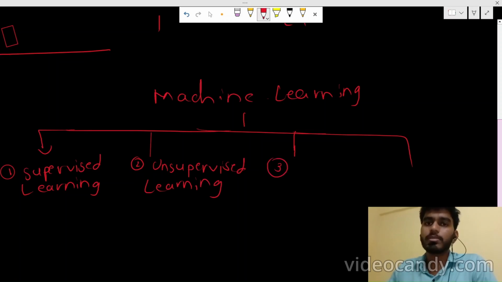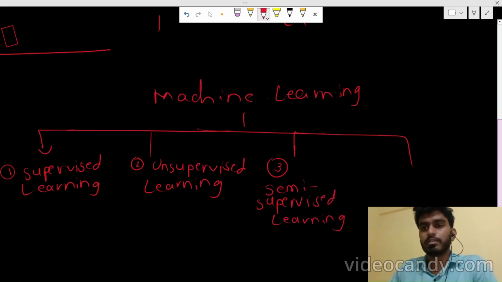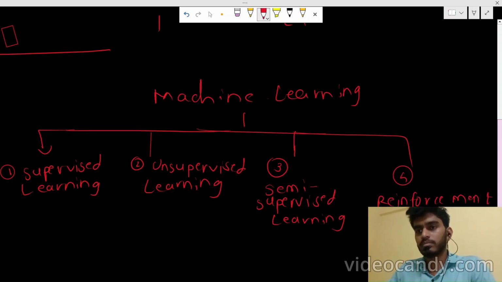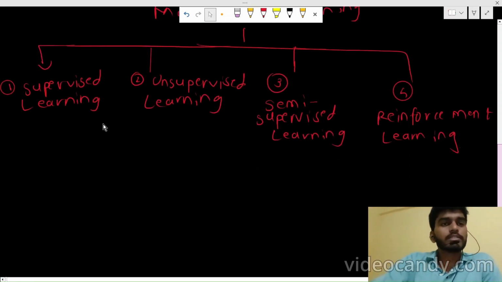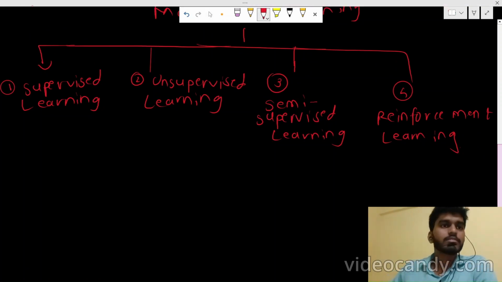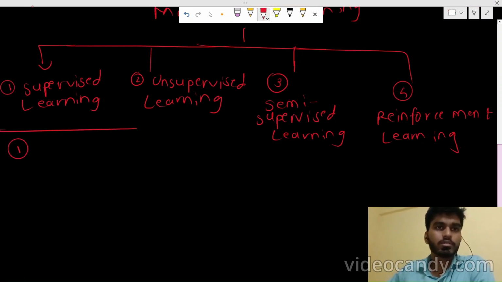The third one is semi-supervised learning. And the fourth one is reinforcement learning. Now let's see one by one what is supervised, unsupervised, semi-supervised, and reinforcement learning. Let's take first supervised learning.